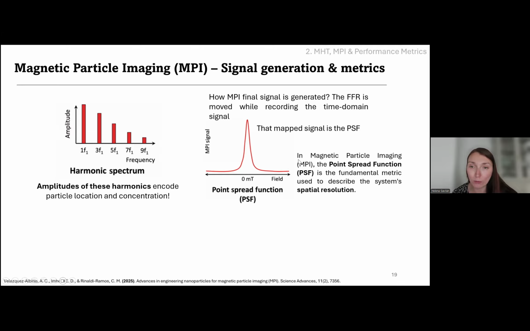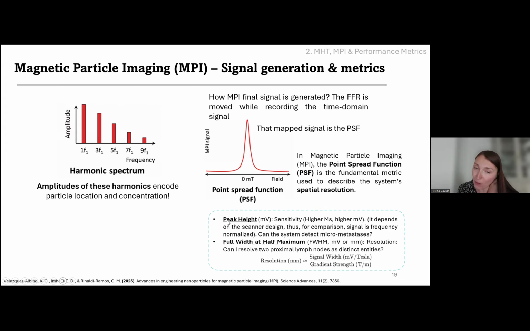And so we would have the map signal that is the point spread function, okay? And in magnetic particle imaging, this point spread function is the fundamental metric used to describe the system's spatial resolution. Other things that we can assess is the peak height, okay, that will tell us the sensitivity.